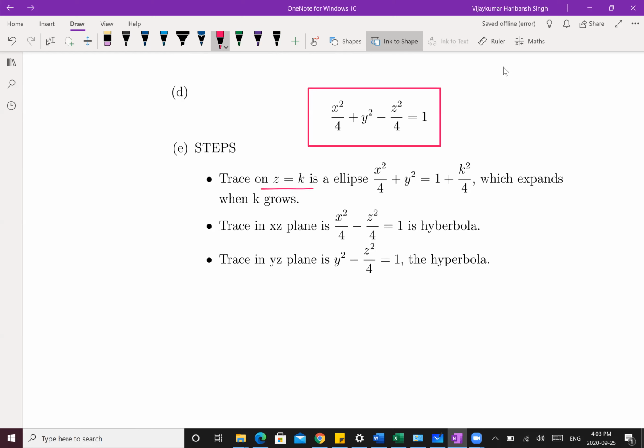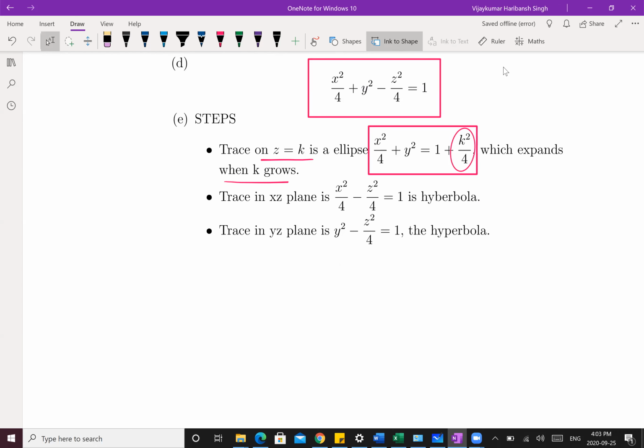When you substitute z equals k, you get x squared by 4 plus y squared equals 1 plus k squared by 4. Now, what is this? It's an ellipse, and as k increases, the size will increase. So it keeps growing as k increases. Let's draw at least the trace.